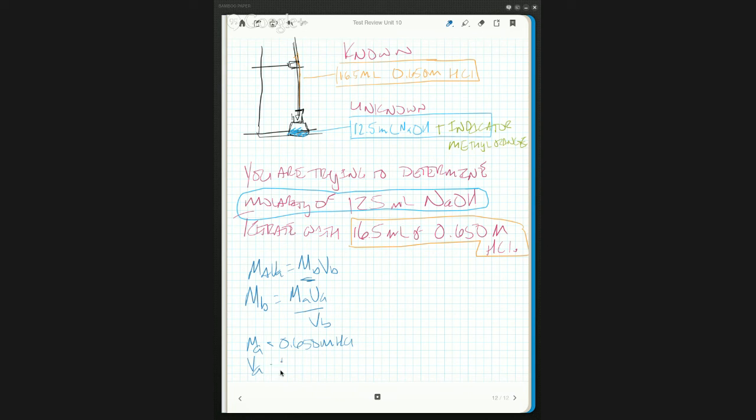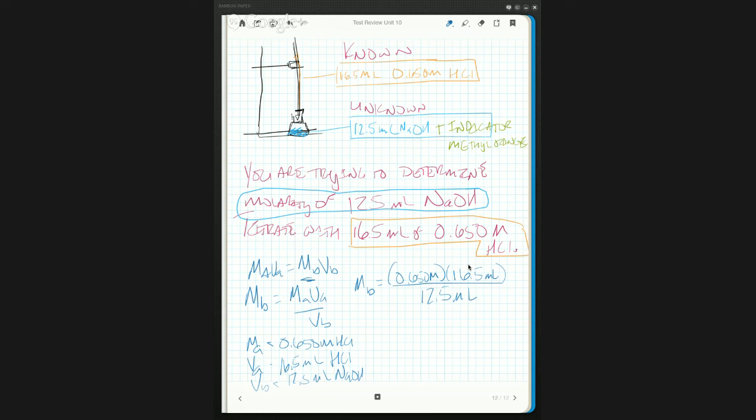VA is equal to 16.5 milliliters. And VB is equal to 12.5 milliliters NaOH. And this is HCl. So I plug those in. MB is equal to 0.650 molarity times 16.5 milliliters all over 12.5 milliliters.